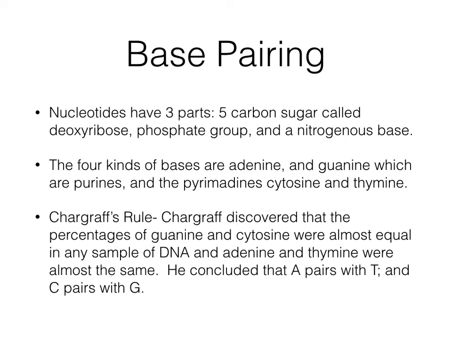So when you're making the DNA double helix, you're going to pair a purine with a pyrimidine every time, the big one with a small one, so that the DNA remains the same shape throughout. The way it's going to pair up is G with C and A with T.